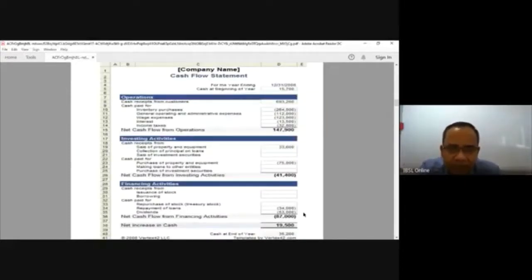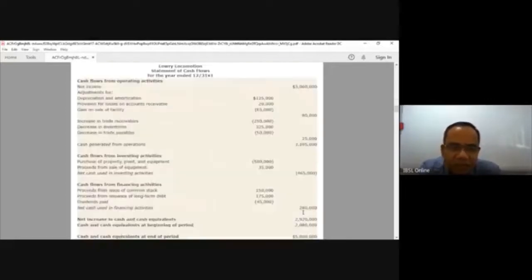Only with that understanding are you going to go forward in making your decision of lending to a particular business. So this is important for you to understand.